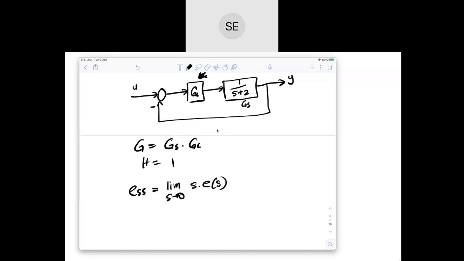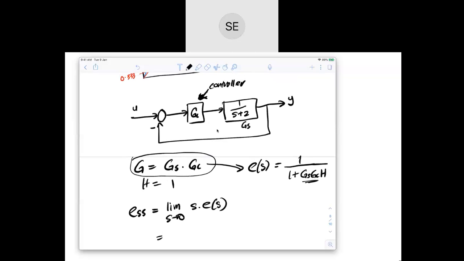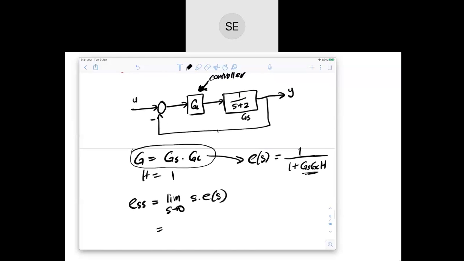But that E(S) has changed a little bit, not much, because the change is in my G. Therefore, my E(S) becomes 1 over 1 plus, instead of just GH, GS GC H. With the controller, that G part now has two parts, G and GC, because they're in series. So the total transfer function is just a multiplication of them. So for your ESS, let's say GC is equal to 2.